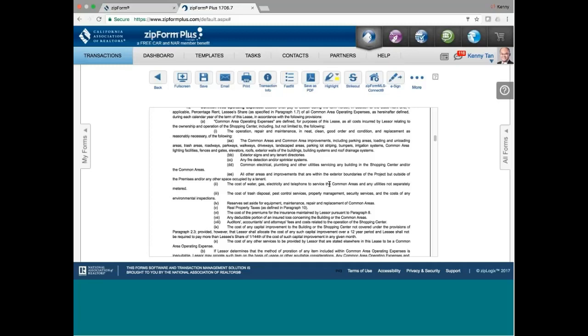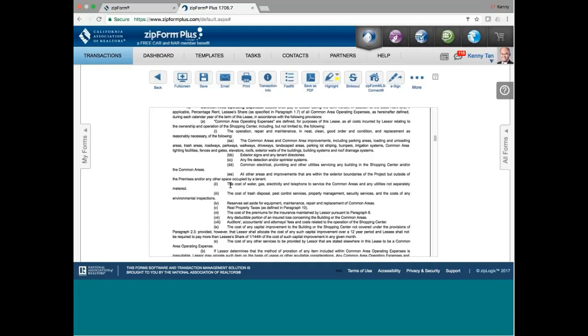We've gone through those before. Exterior signs and any tenant directories, any fire detection and or sprinkler systems, common electrical, plumbing, and other utilities. All other areas and improvements that are within the exterior boundaries of the project but outside the premises and the space occupied by the tenant. Nothing new, we covered this before.